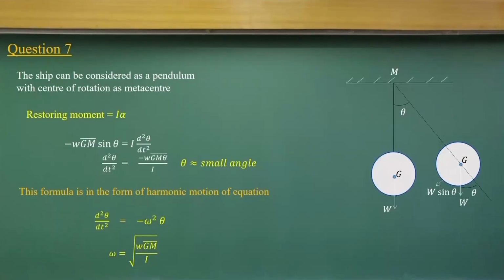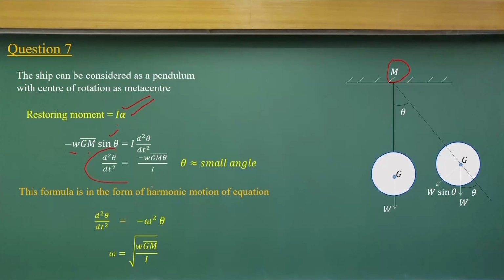So, let me draw the free body diagram. If this is the metacentric height here, the object is moving like this. The oscillation is like a pendulum. The restoring moment equals the moment of inertia into angular acceleration. The torque is unit weight, sin theta into GM.